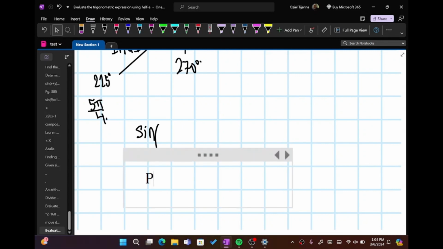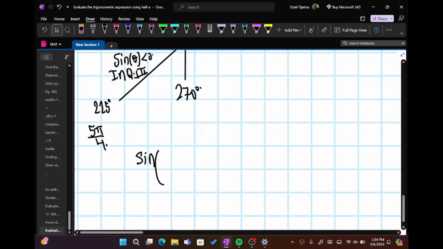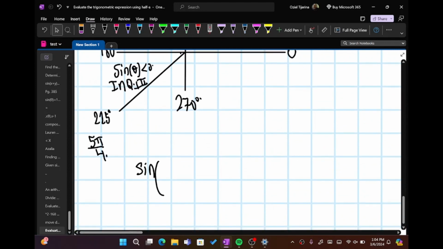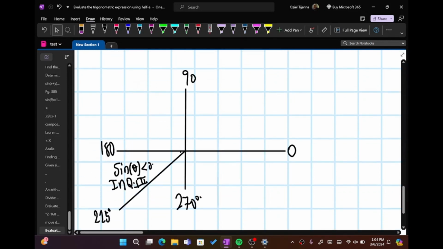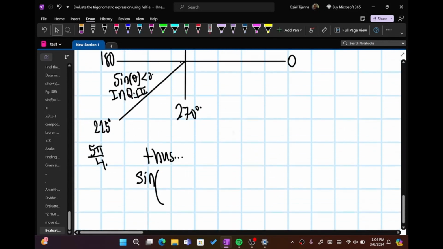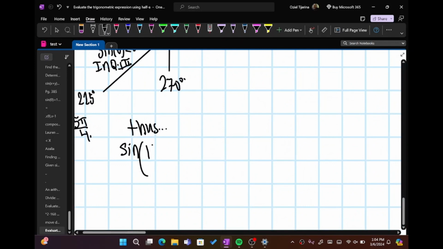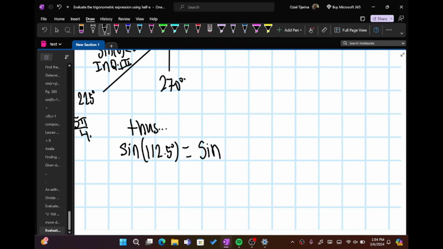Okay, so I know that the sine of 112.5 degrees, again, is equal to the sine of 225 degrees over 2.